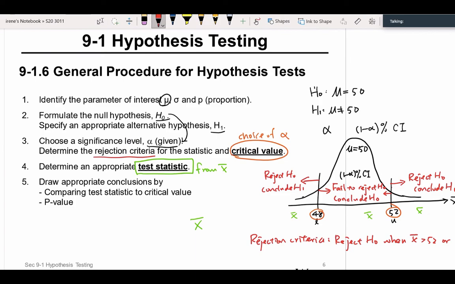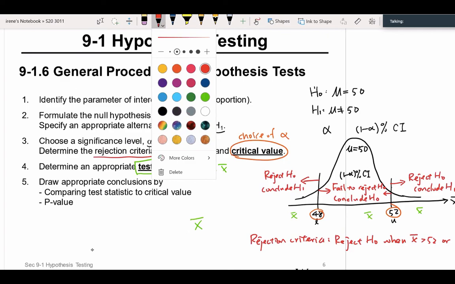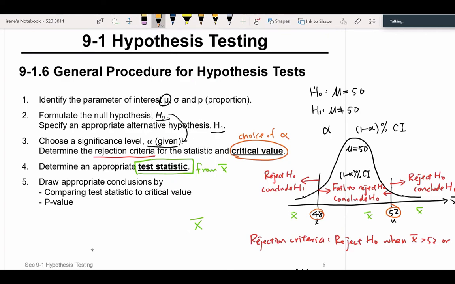Let me see. I'm going to use a different color. Okay, what is our alpha? Alpha is the sum of these two areas. These are my alpha over 2. These two sections add up to alpha.